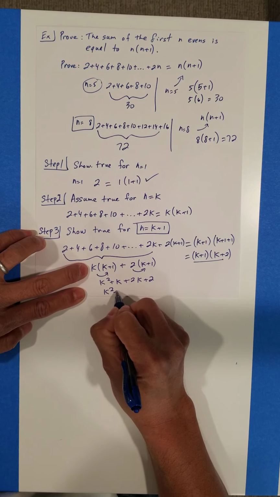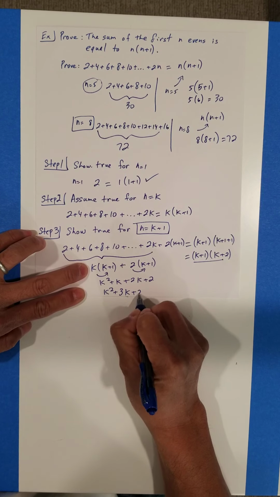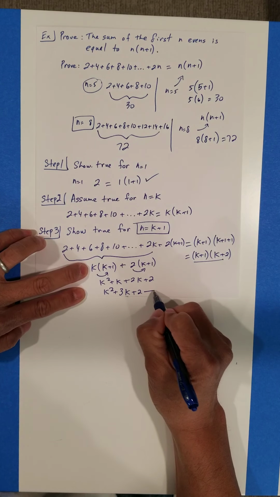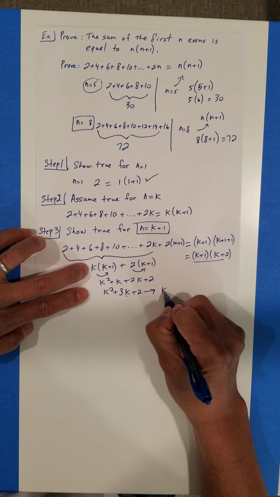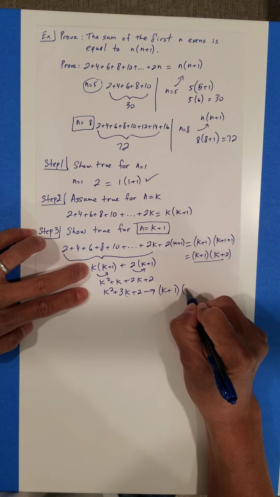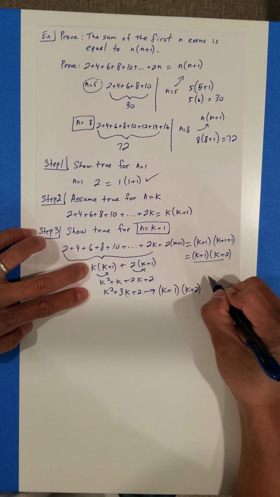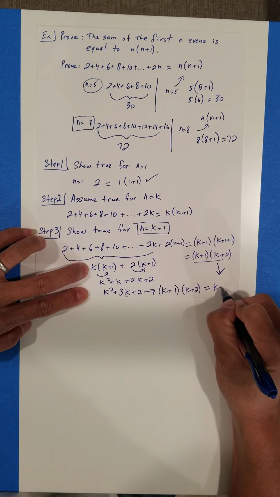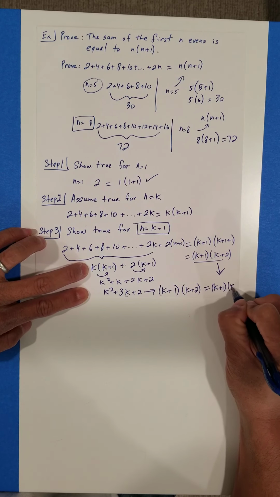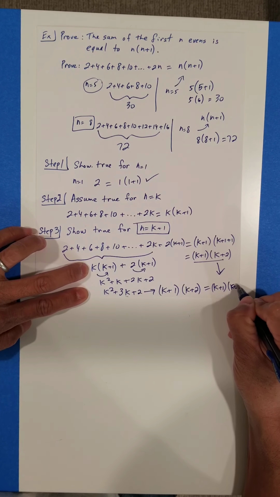This is k squared plus 3k plus 2. Okay, now this is factorable. This gives you k plus 1, k plus 2. And that is equal to the right-hand side right there: k plus 1, k plus 2.